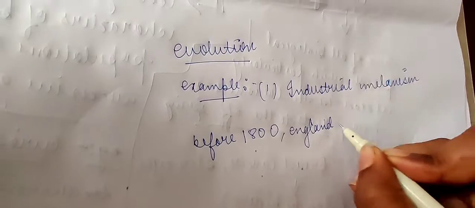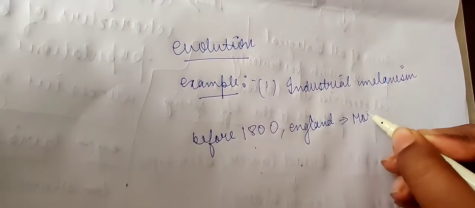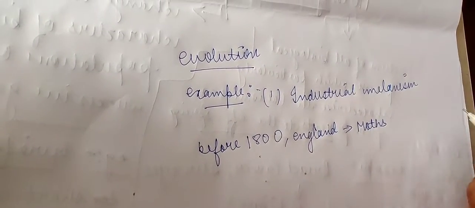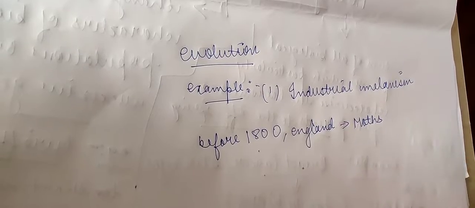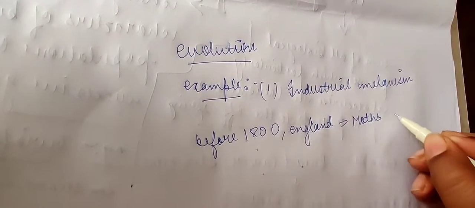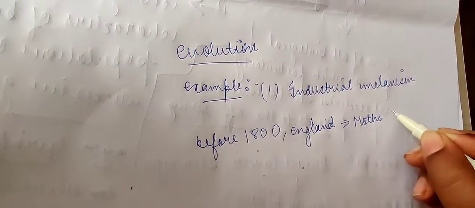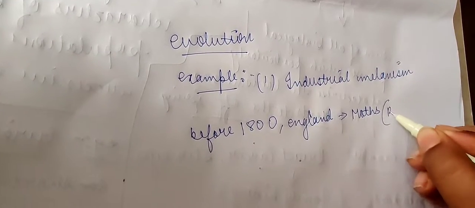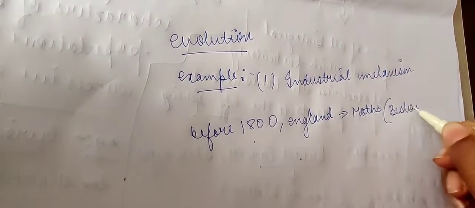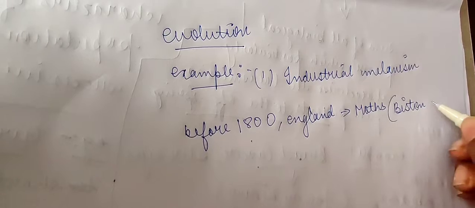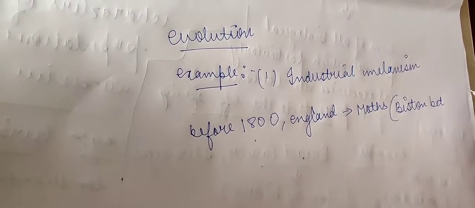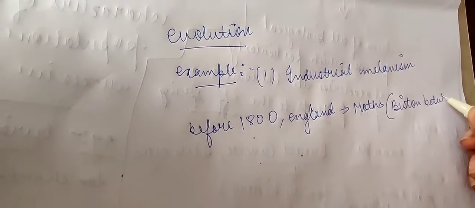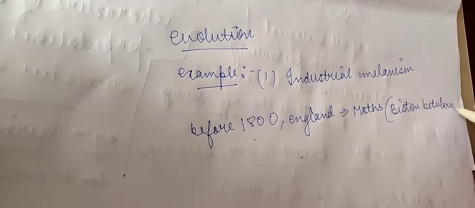So there were moths. A moth is a kind of bug, or you can say insect. The scientific name of the moth is Biston betularia.